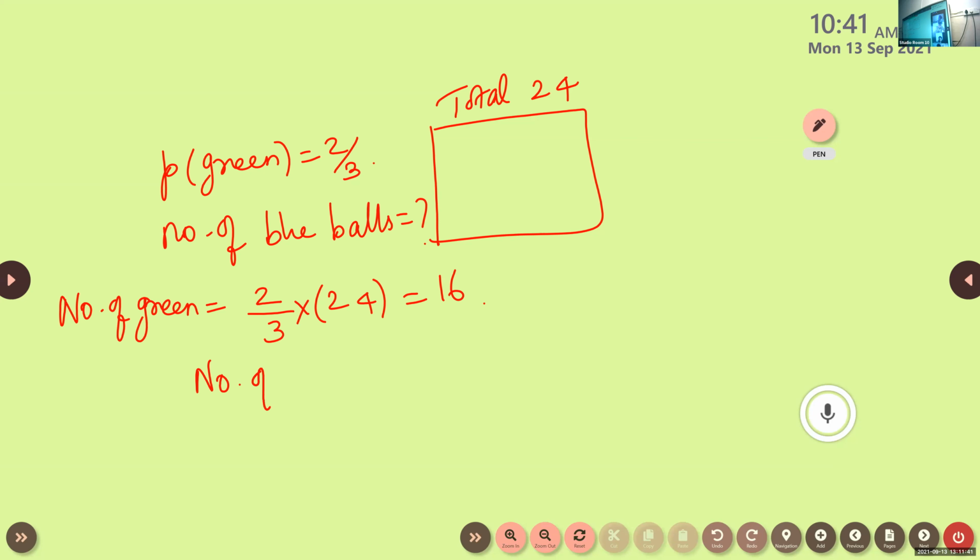Number of blue balls will be total minus 16, which is 24 minus 16, equivalent to 8.